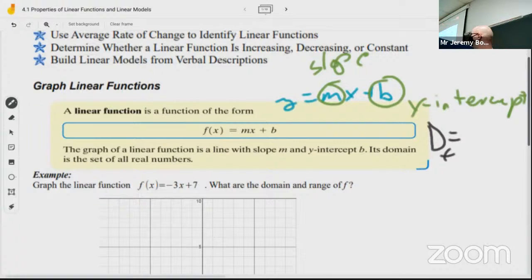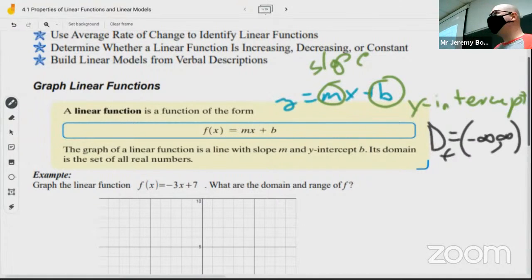Is there a variable in the denominator? No. It's just mx plus b. Is there a variable under even roots? No. So the domain of all your linear functions is negative infinity to positive infinity, all real numbers. Any questions on that?